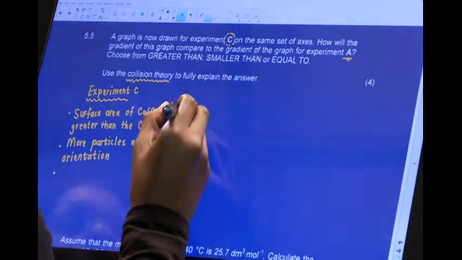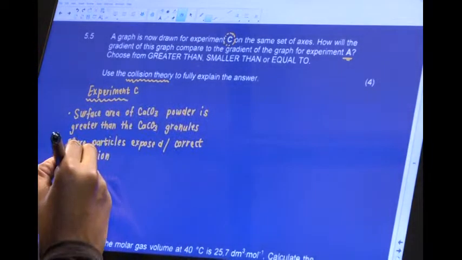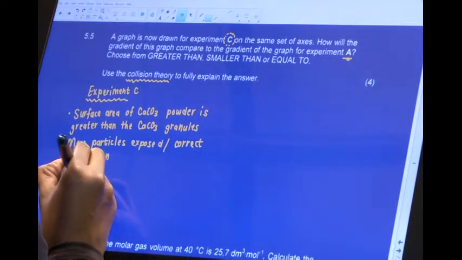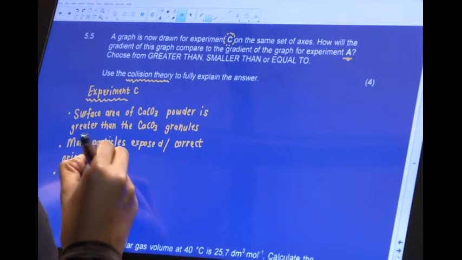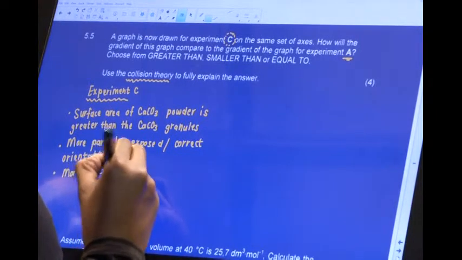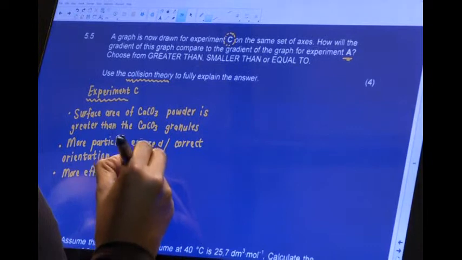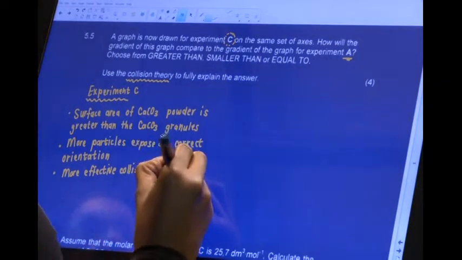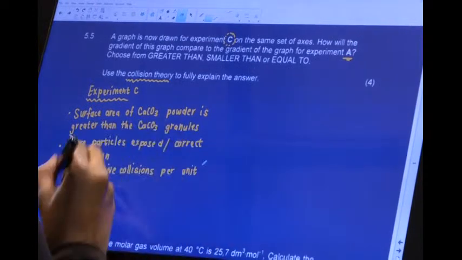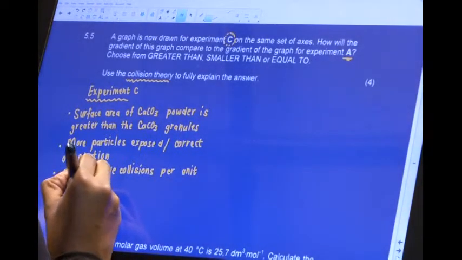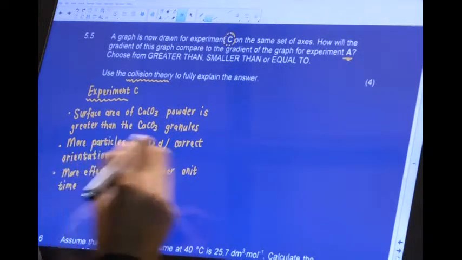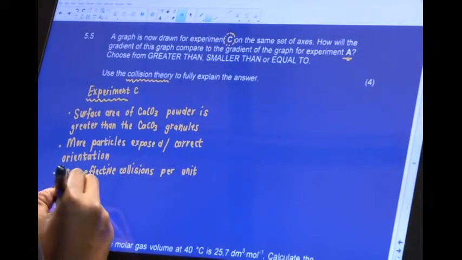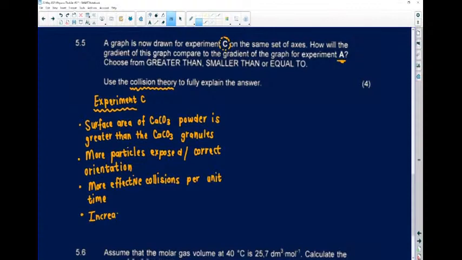And now remember, when we talk about powder and granules, the powder, what it then does, it's more effective collisions per unit time. And now remember, if there's more effective collisions per unit time, it increases the rate of the reaction.